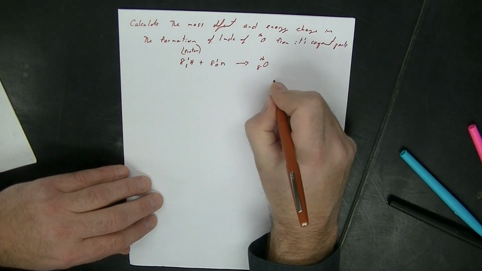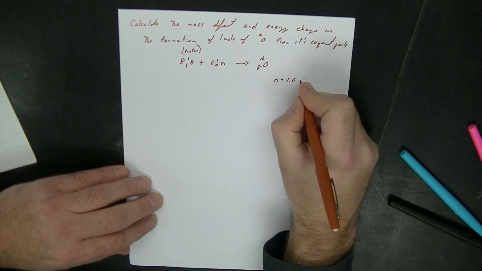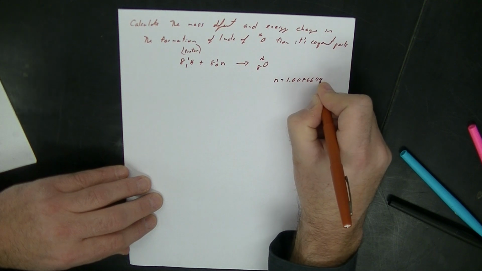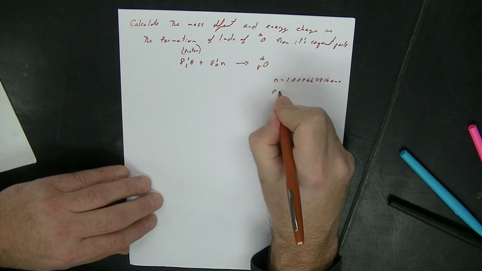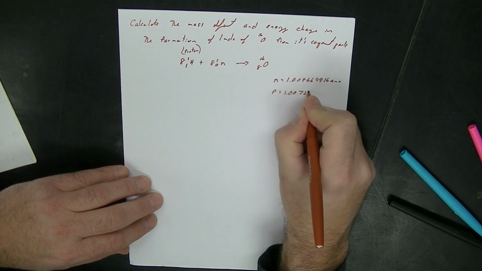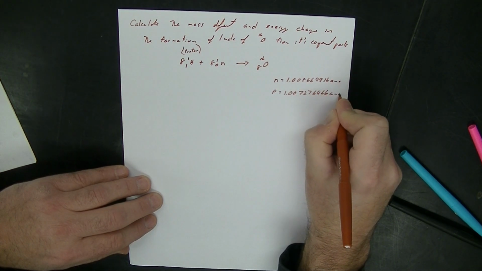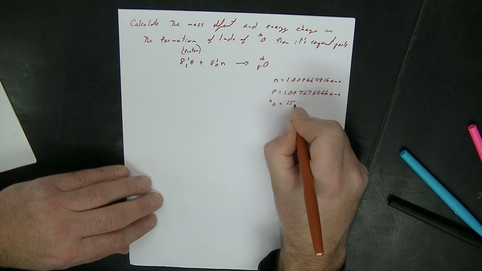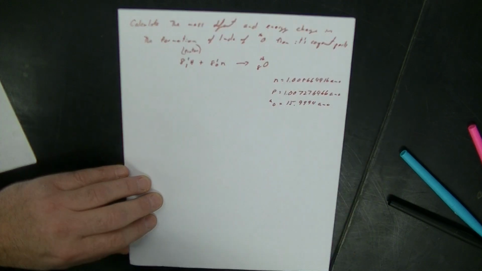So a neutron is equal to 1.0086649116 AMUs. A proton is 1.007276466 AMUs. And oxygen 16's mass is 15.9994 AMUs.